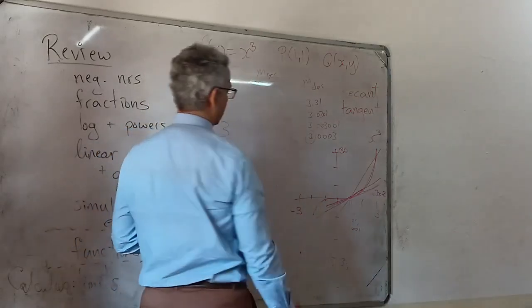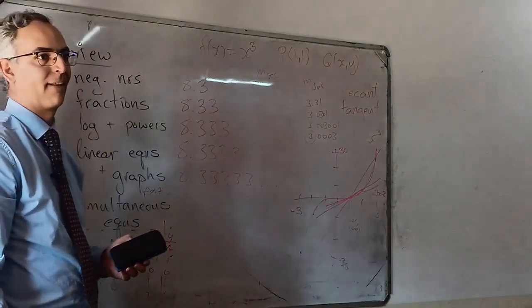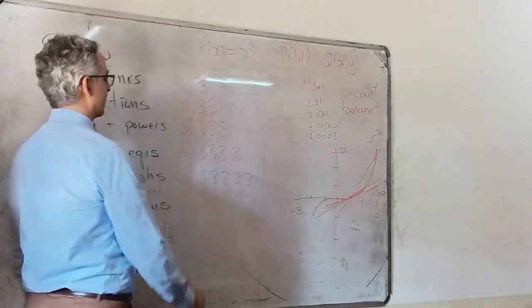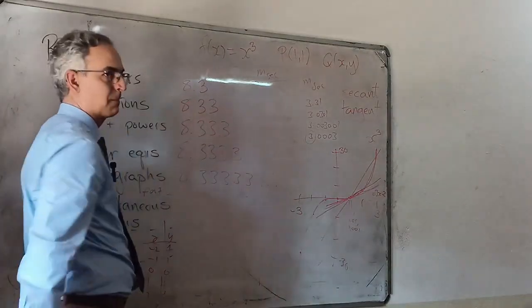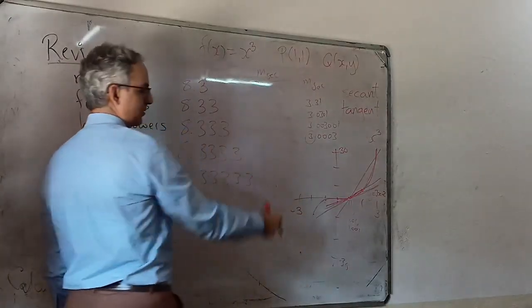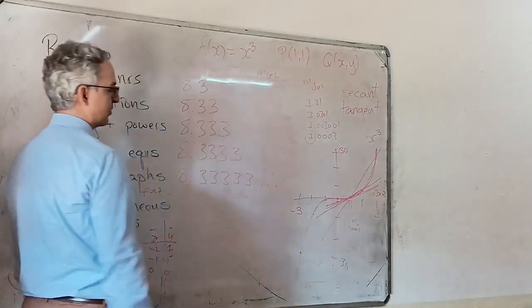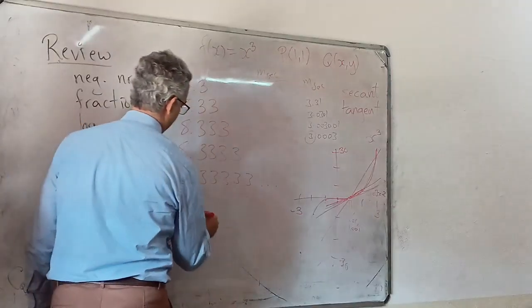What number is this approaching? Not 8, not 8.3. It started at 8.3, but now we keep adding a bit more, a little more, a little more. But not 8.4. This will never get close to 8.4. This will become 8.3 repeating.